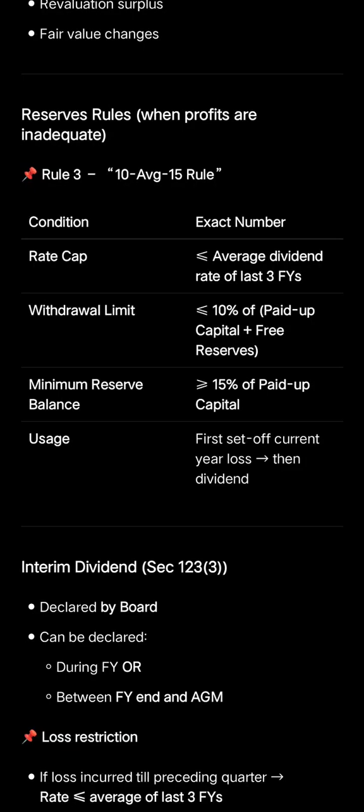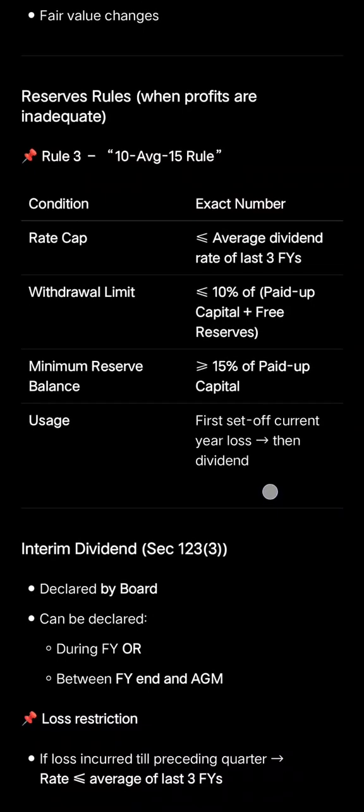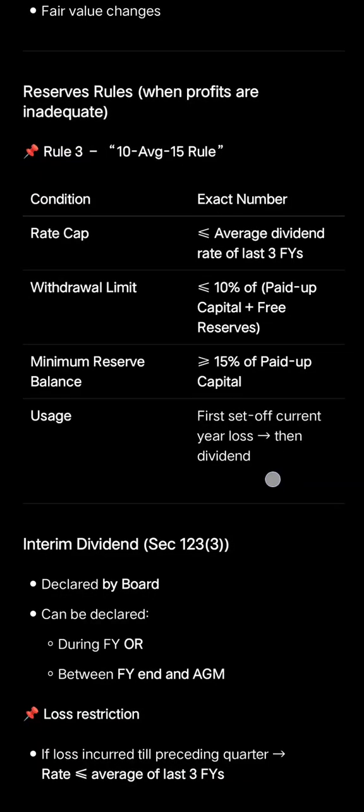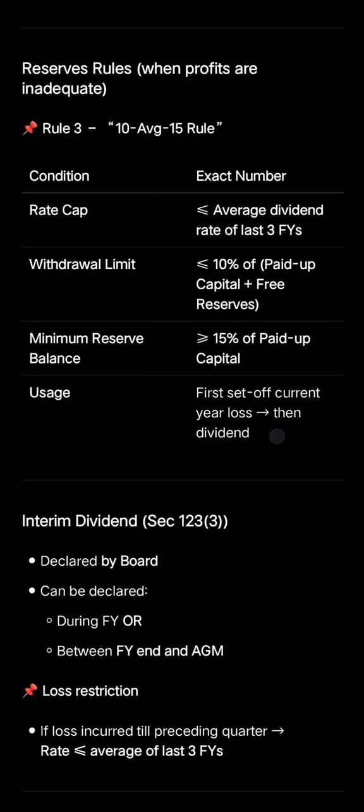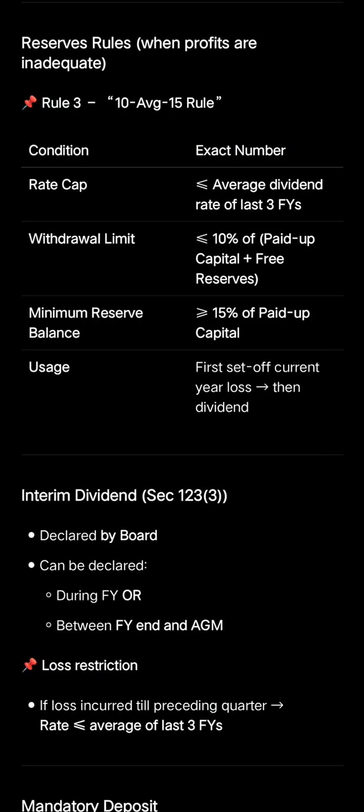Only up to that can the dividend be declared. Withdrawal limit is capped at less than 10% of paid up capital plus free reserves. Minimum reserve balance required is greater than or equal to 15% of paid up capital after declaring dividend.